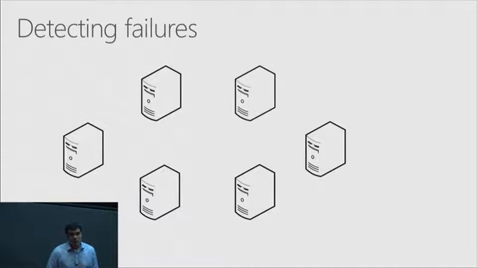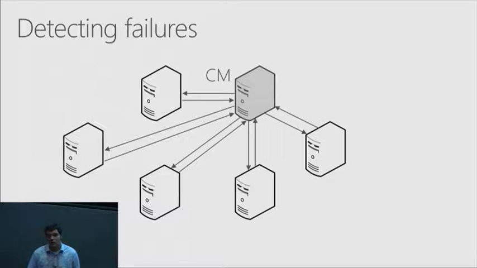So we detect failures by exchanging heartbeat messages, leases, between machines in the system. In a cluster, one of the machines has the role of a configuration manager. In addition to executing client code and committing transactions, it also has some other duties, and one of them is to exchange leases with all the other machines in the cluster.